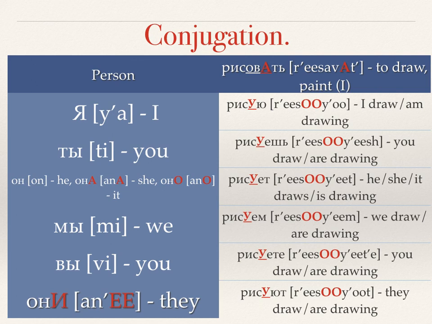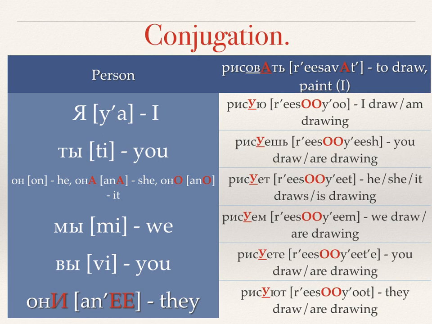Он, она, оно рисует, etc. Thus, if you see the combination of letters ов before T in the infinitive form of a verb, don't forget to replace this combination ов with the letter У when you conjugate this verb.